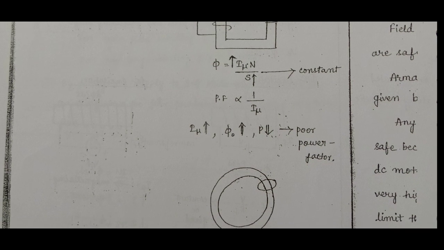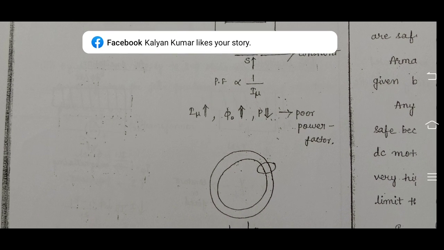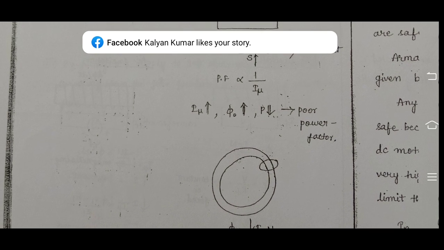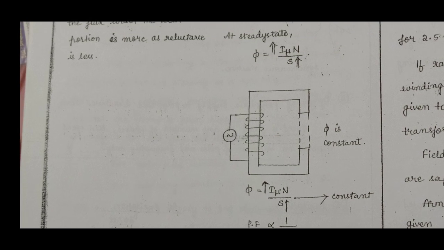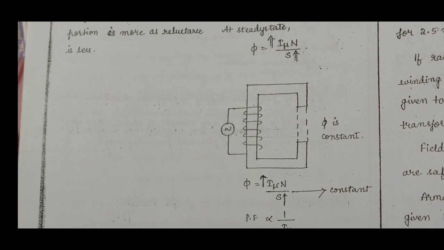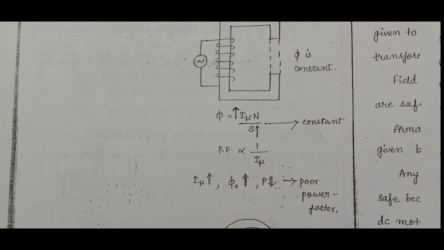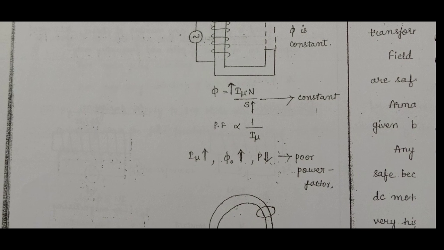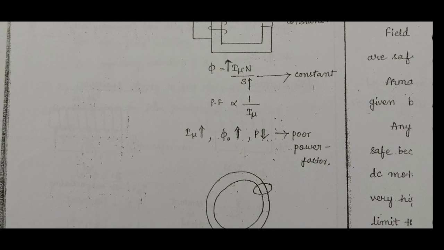Phi equals I mu n by S. Flux equals I mu by S.